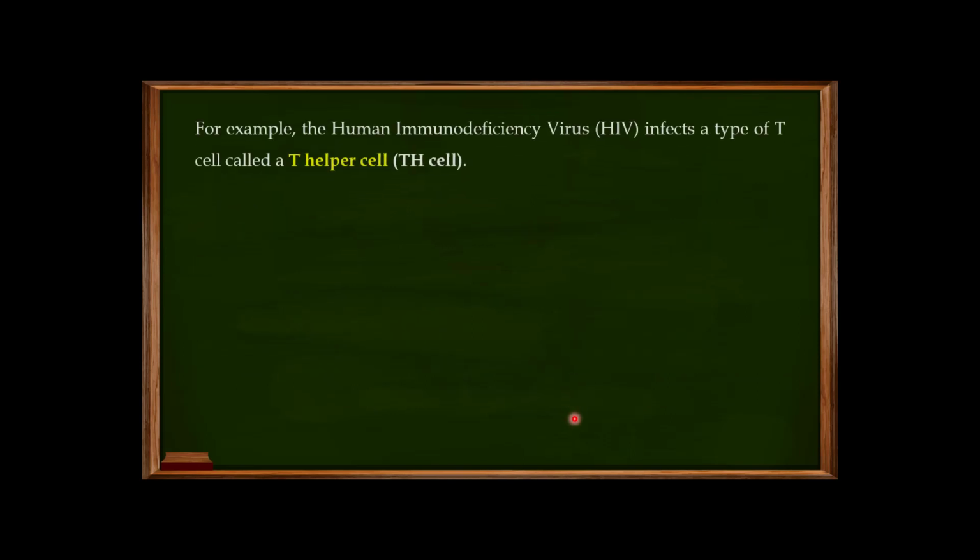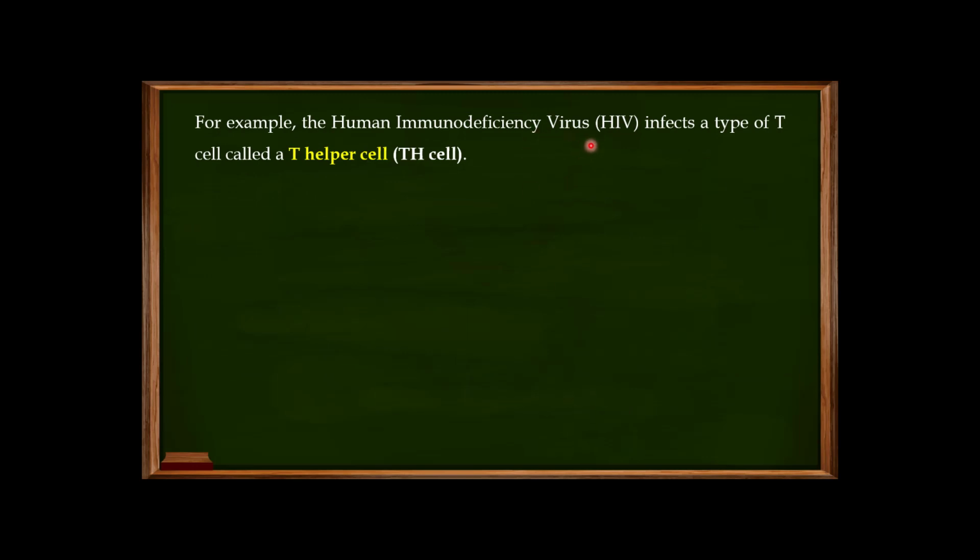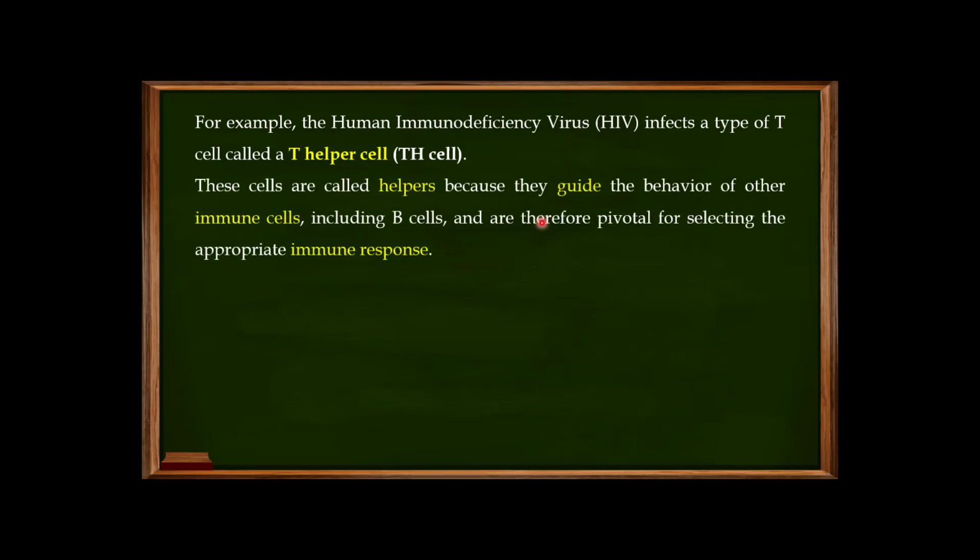For example, if you talk about the human immunodeficiency virus, the HIV, the HIV is going to infect a specialized type of T cells, which are called the T helper cells. We call them the T helper cells because these cells are going to guide the behavior of the other immune cells. I'll show you an image at the end of this video. So these helper cells guide the behavior of the other immune cells, including the B cells, and are therefore very important for selecting the appropriate immune response.